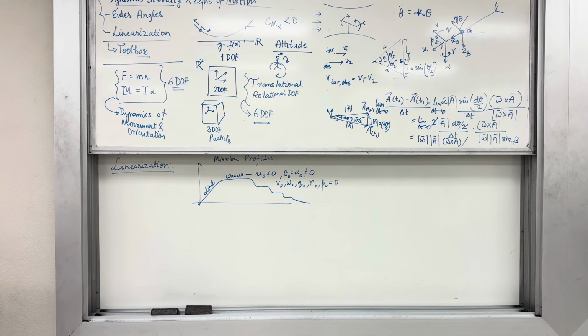Now, if you give me this equation and ask what is going to happen to a little bit of disturbance while you are in cruise, I will say this is very difficult to analyze. So, let us see. First of all, whenever you are asked to linearize, you will always be asked to linearize about a point of maneuver.